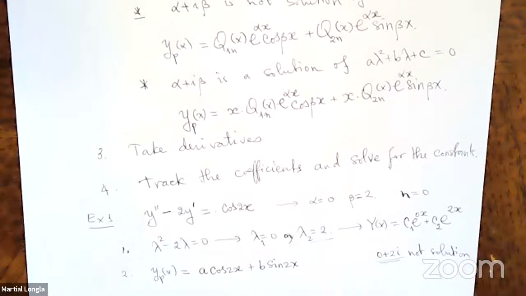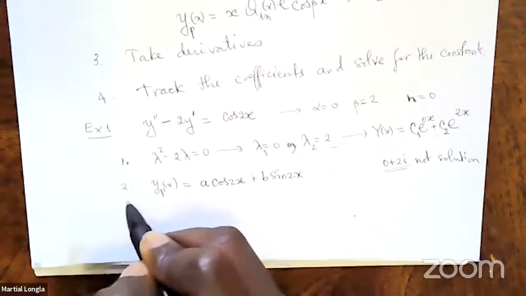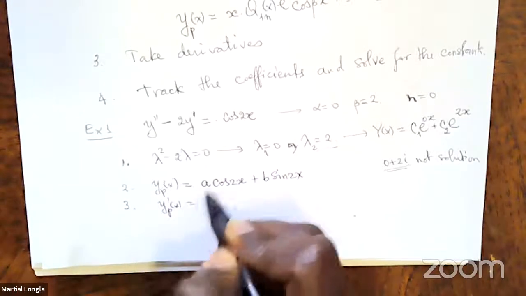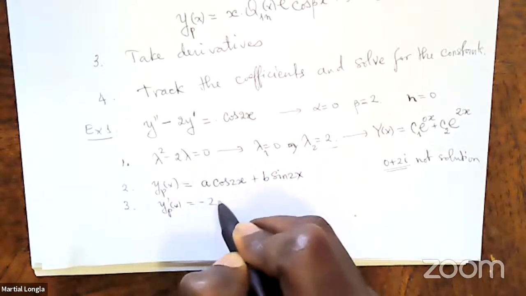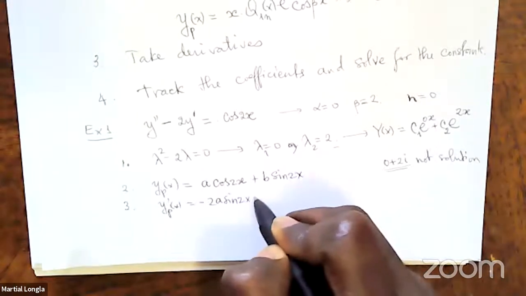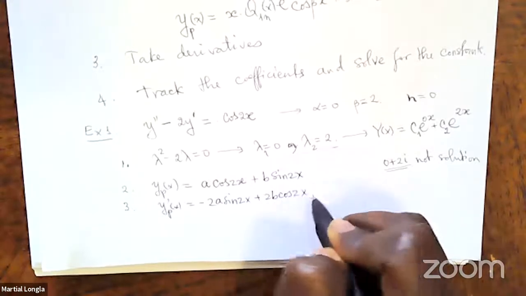And now you go to the third step where you take the derivatives and then you track the coefficients. So in that third step, the derivative is negative 2a sine 2x plus 2b cosine 2x.